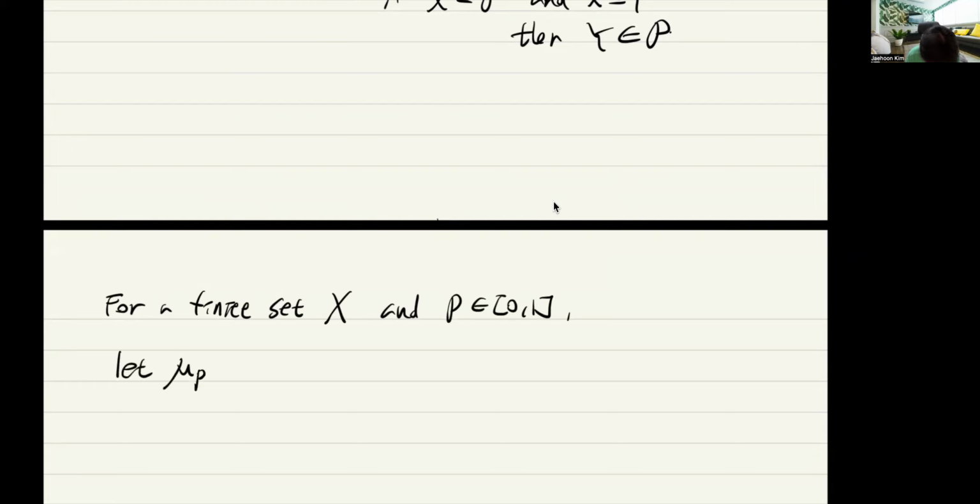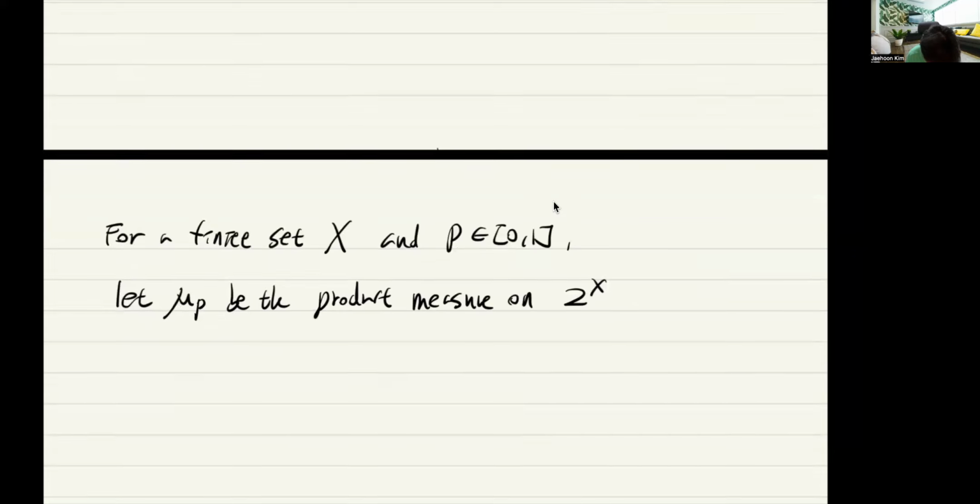We get the p-biased product measure on 2 to the X, on the subsets of X, given as follows: for each specific set F, it is chosen with exactly this probability.